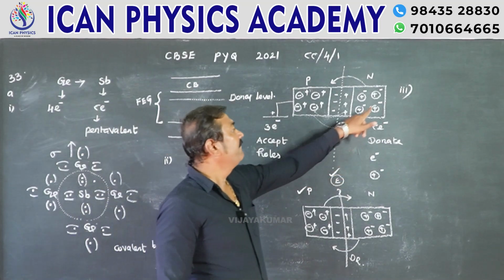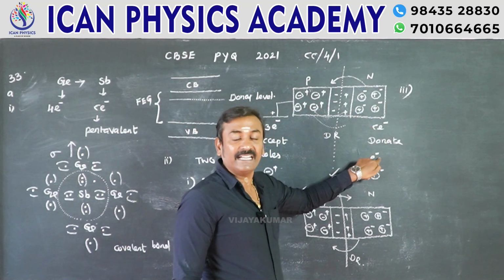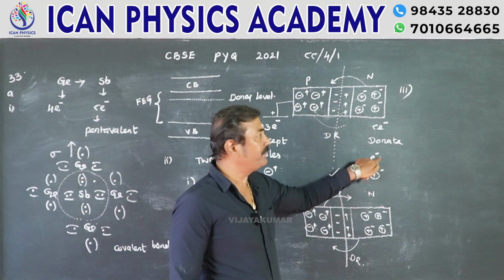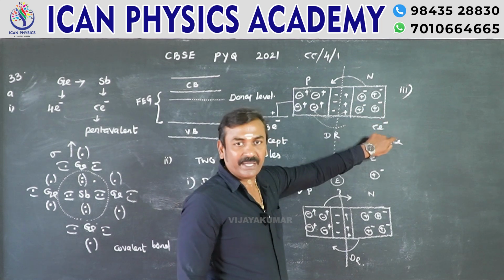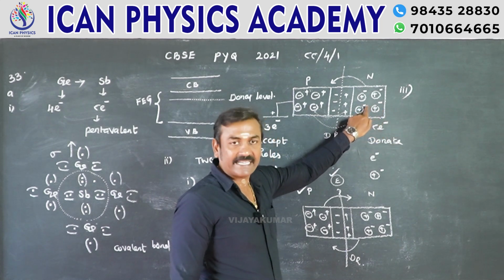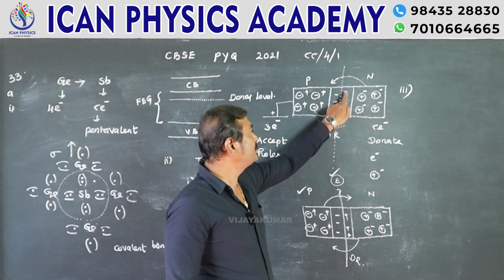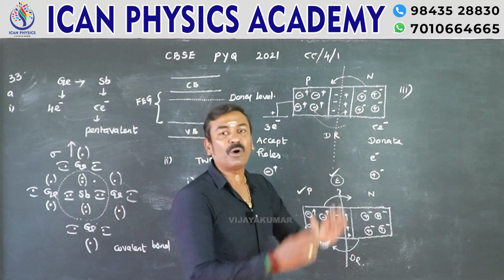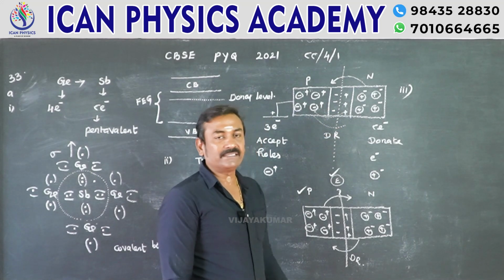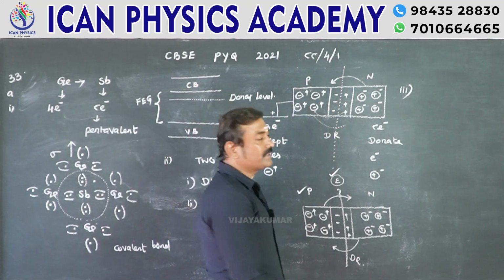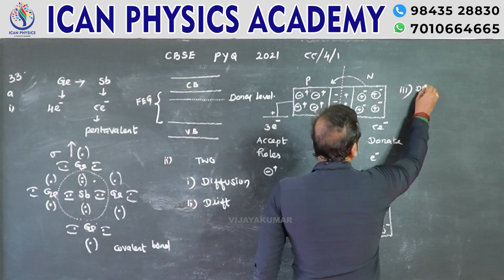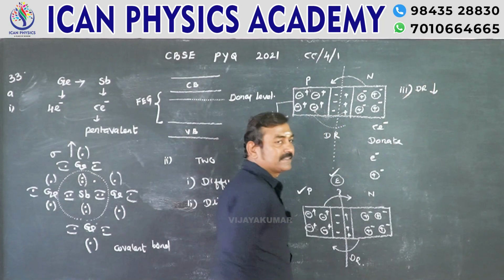On the other hand, when the N region is connected with the negative terminal, negative repels negative, so these electrons cross the junction. So it becomes a mobile region. So when it is forward bias, the depletion region decreases.